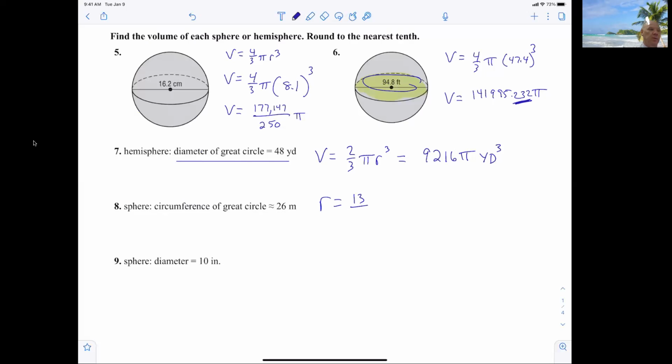Close. 26 over 2 pi. 26 over 2 pi is the same as what? 13 over pi, right? Do you agree with that?